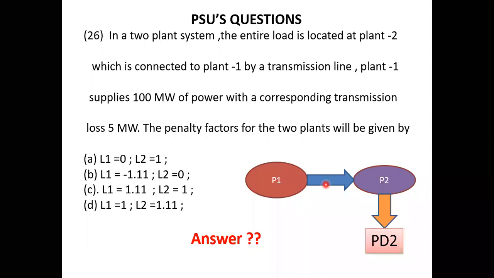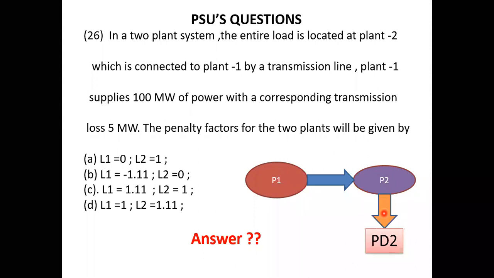Now we have seen the same type of problem in the previous classes. When the load is connected very near to the power plant 2, there is no transmission line. There is no transmission line means, what about your incremental power loss with respect to the power generation, which is represented as ∂PL/∂P2?